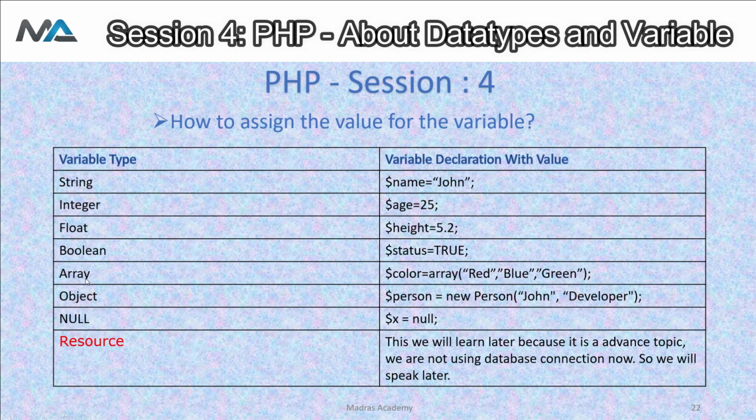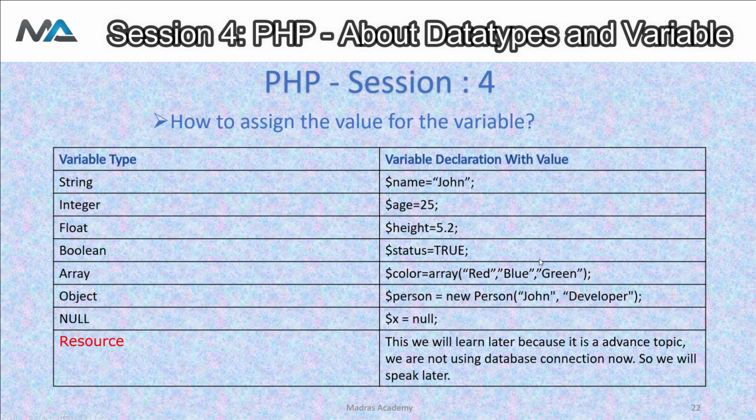And as well as array. Array is a collection of elements. We use an array to store multiple values in a single variable. If you take string, here I am having John, only one name I can assign. Here, see, dollar symbol color equal to array, right?